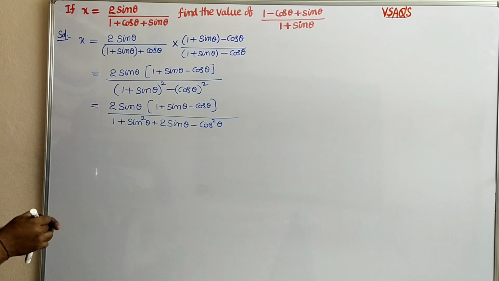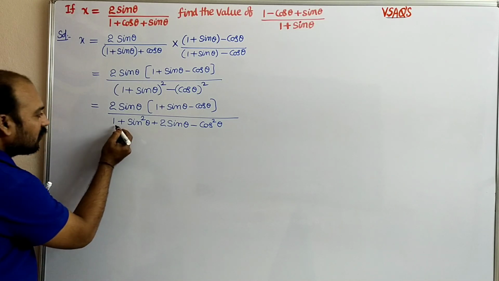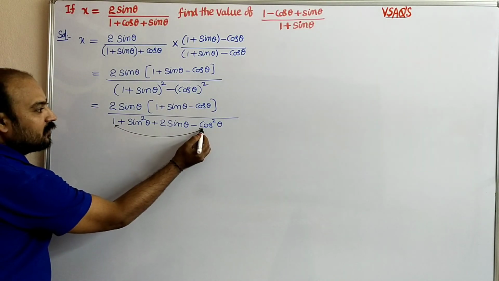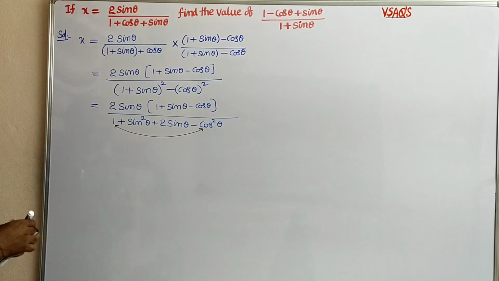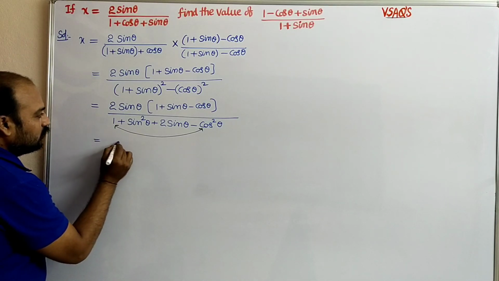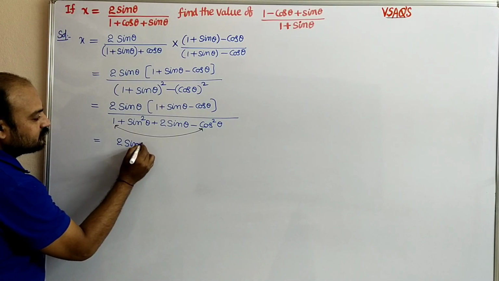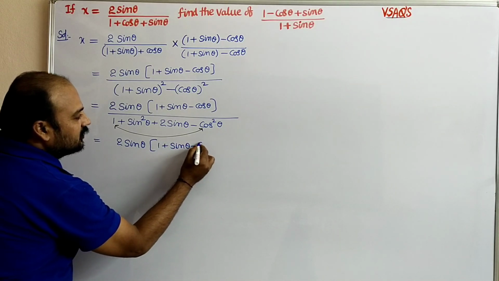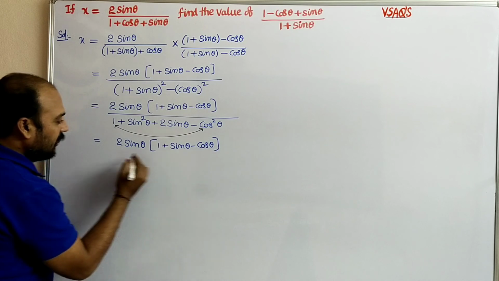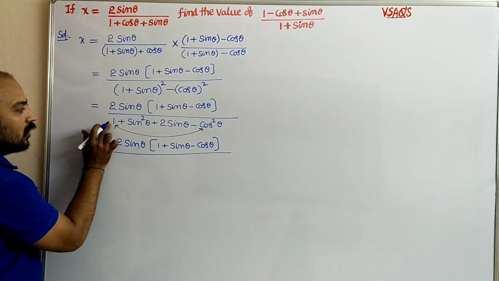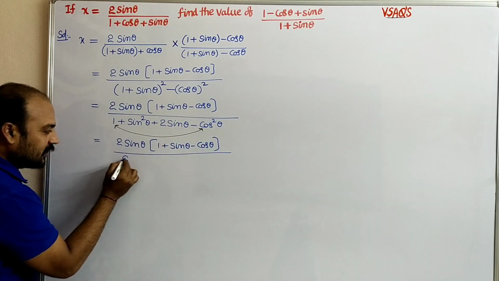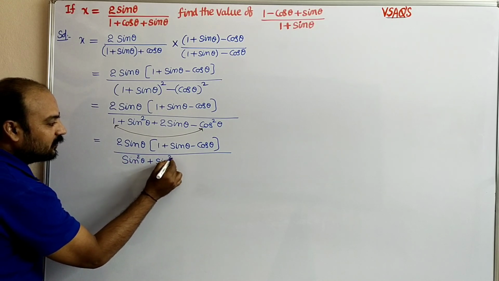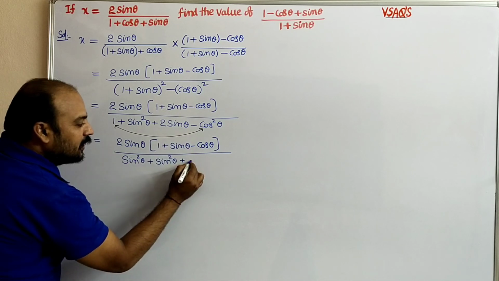After that, 1 minus cos square theta is the formula for sin square theta, which is equal to 2 sin theta into 1 plus sin theta minus cos theta divided by 1 minus cos square theta is sin square theta, plus sin square theta plus 2 sin theta.